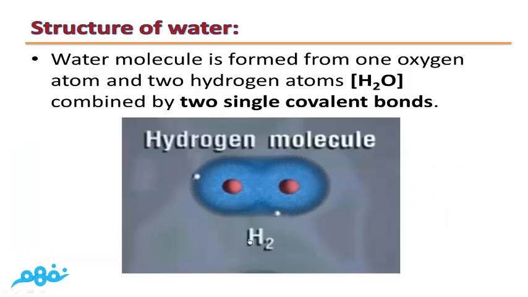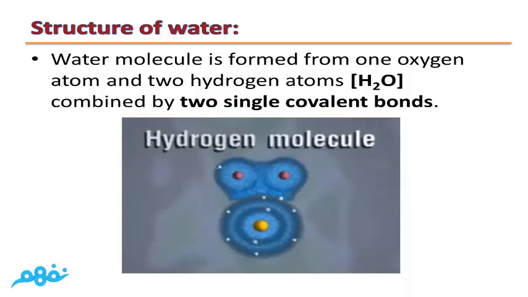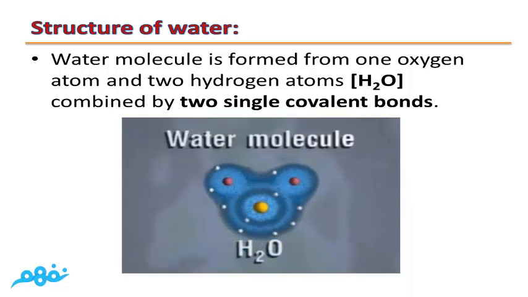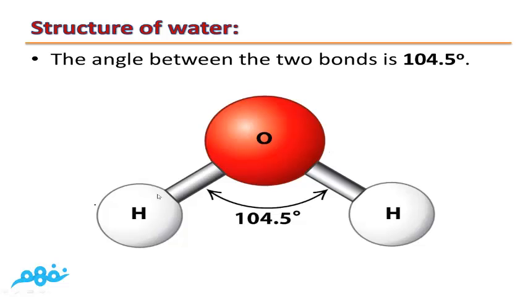As you can see from this video, this is the hydrogen molecule. When it combines with one oxygen molecule, we have one water molecule, H2O. The angle between the two covalent bonds is 104.5 degrees.